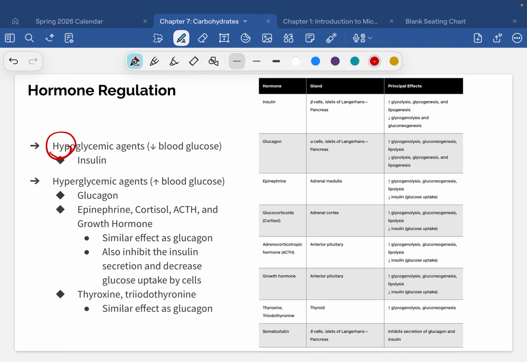Glycemic has to do with blood sugar levels, so hypoglycemic means decreasing blood glucose. A hypoglycemic agent is going to decrease blood glucose, which we talked about on the other slide. Insulin is our primary hypoglycemic agent. Its major job is to decrease blood glucose levels.